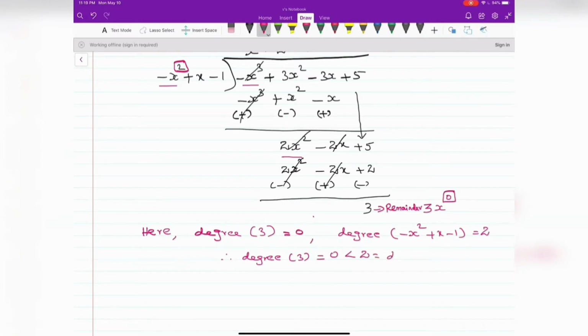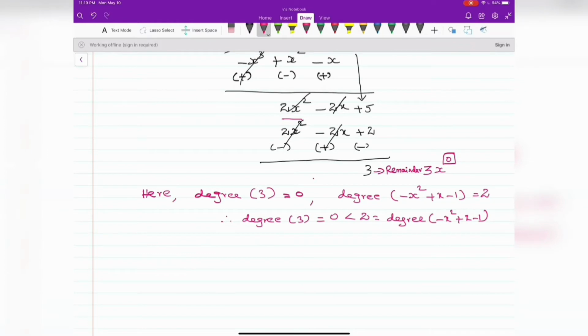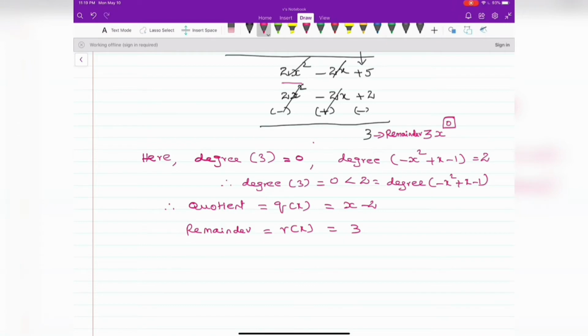The 2 is nothing but the degree of minus x square plus x minus 1. So, what do you get? Therefore, let us take the quotient as q of x is equal to x minus 2 and the remainder as r of x, which is equal to 3. Now my job is to verify the division algorithm for polynomials. Okay, so let us see now what is the divisor.